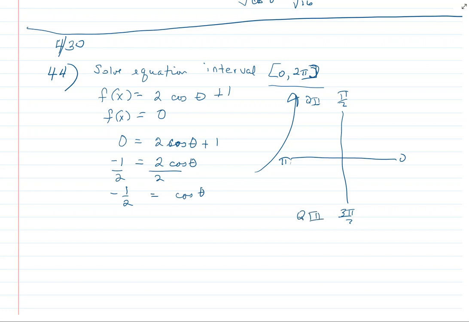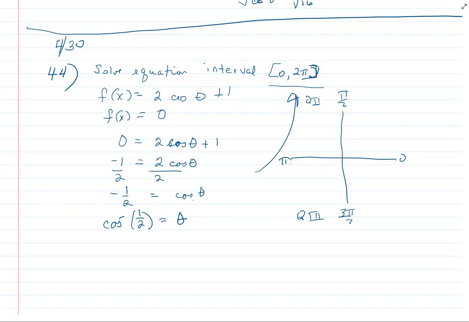What we would do is state this as inverse cosine of negative 1/2 is equal to theta, because cosine and inverse cosine are inverses of each other. And we are asking what is the value.